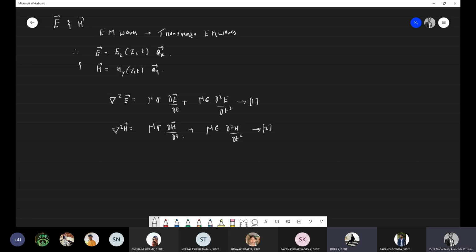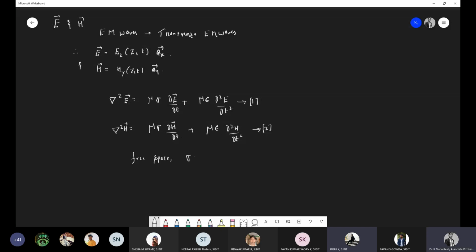So as we know, for free space, sigma is equal to 0, epsilon is equal to epsilon naught, mu is equal to mu naught. This electromagnetic wave is assumed to be traveling in free space.